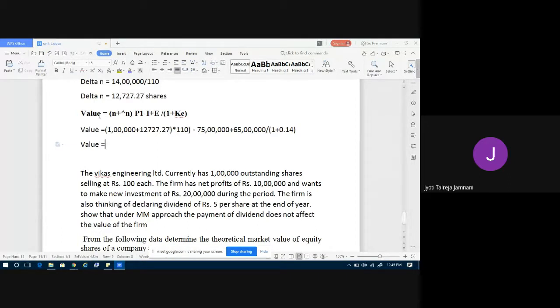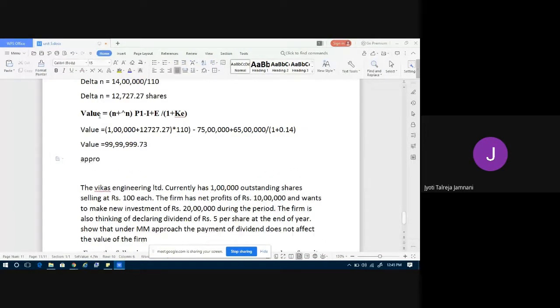It is approximately 100 lakhs, or 1 crore.